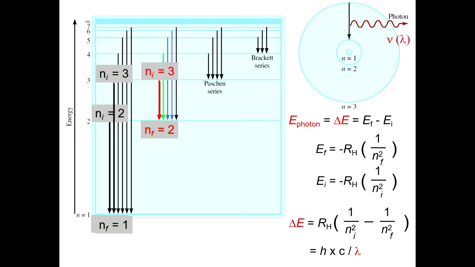Okay, so for example, this is n equals 1, right? Here is n equals 2, n equals 3, 4, 5, 6. So basically, for this orbital, it can accept electrons from n equals 2, n equals 3, or n equals 4, right?